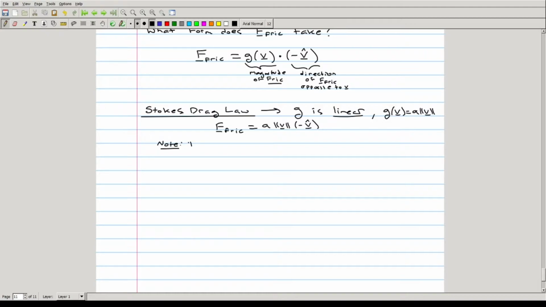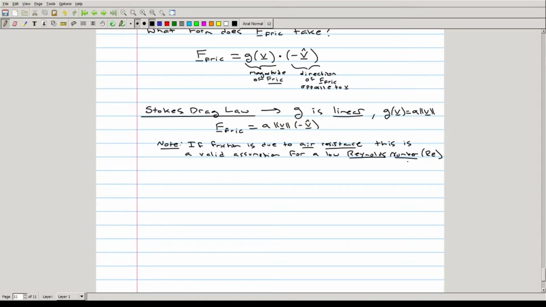A note here, if friction is due to air resistance, this is a valid assumption for a low Reynolds number, which is abbreviated as Re.